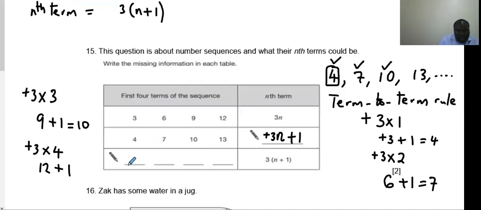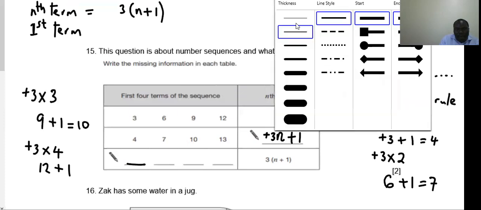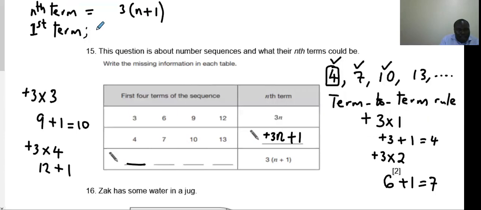So if I'm looking for the first term, that implies n equals 1.